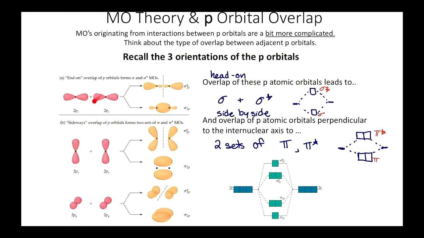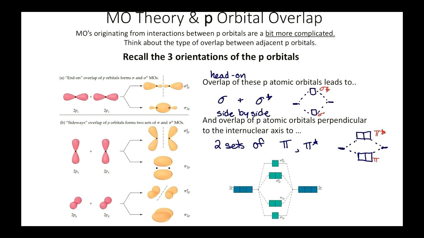So that's head-on overlap of two p orbitals that are on the internuclear axis. If you think about p orbitals, there's 3 different sets. There's 3 ml values. So our other interactions are the other p interactions on the other axes. These interactions, if you look closely, are actually pi interactions.